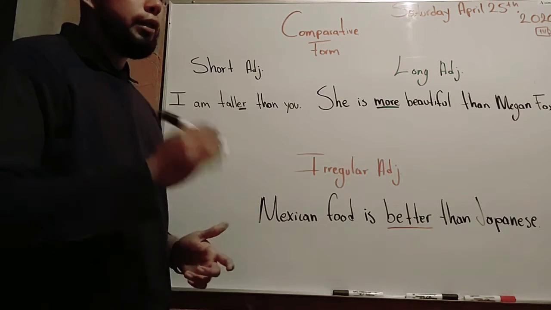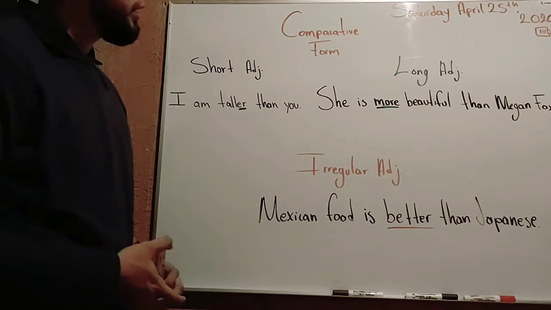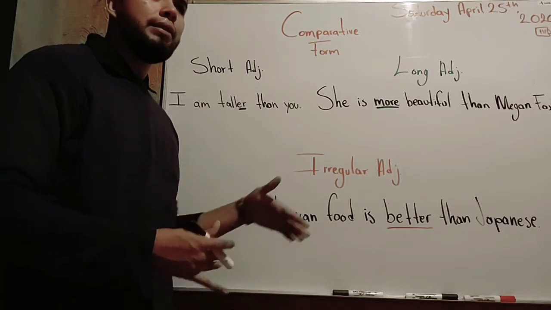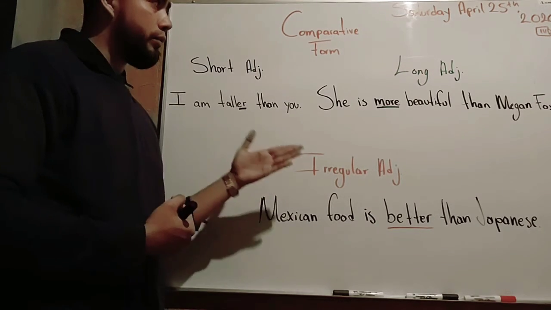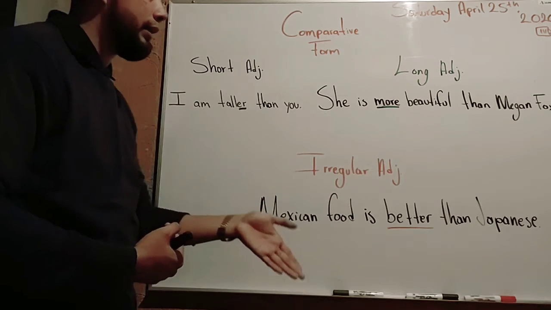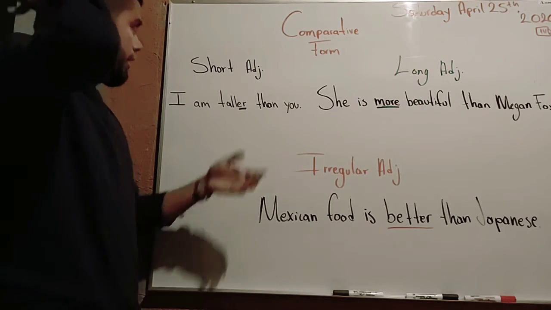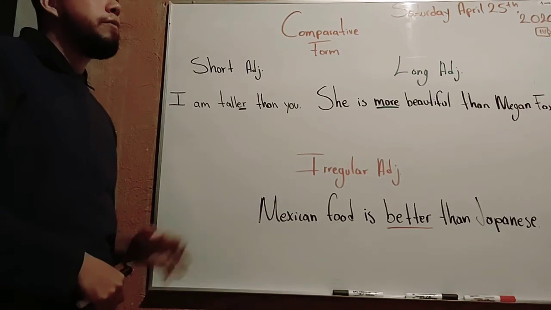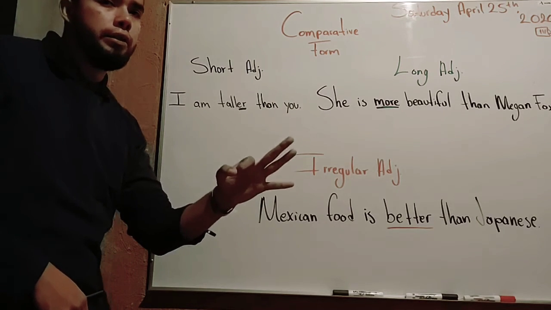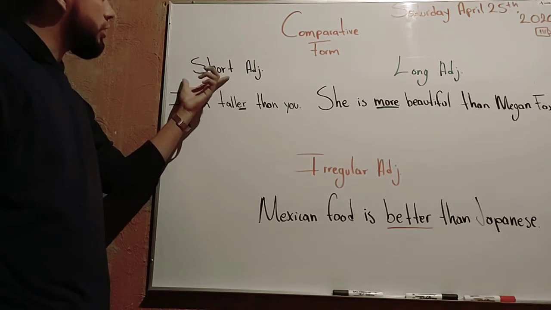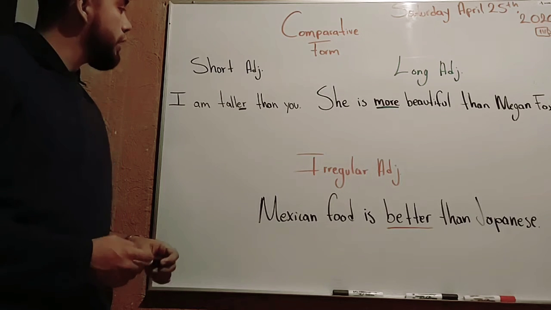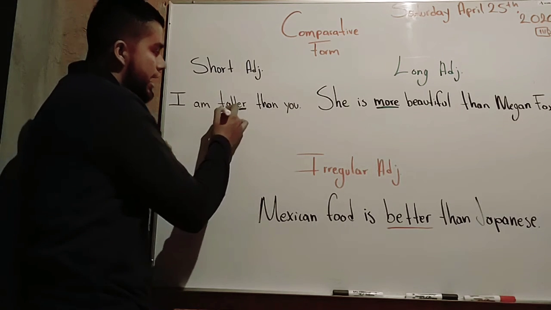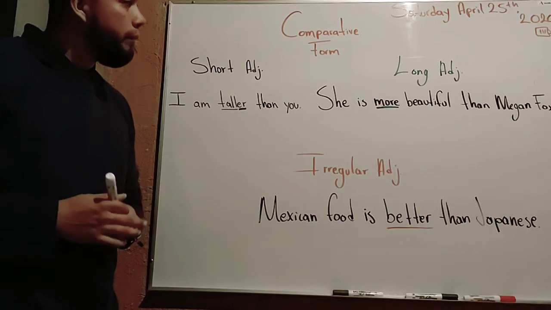Okay? So let's start. Today we're going to check comparative form. This is a review because we have already seen this in class. In comparative form we have three possible scenarios. The first one, when we have a short adjective, for example the adjective tall.